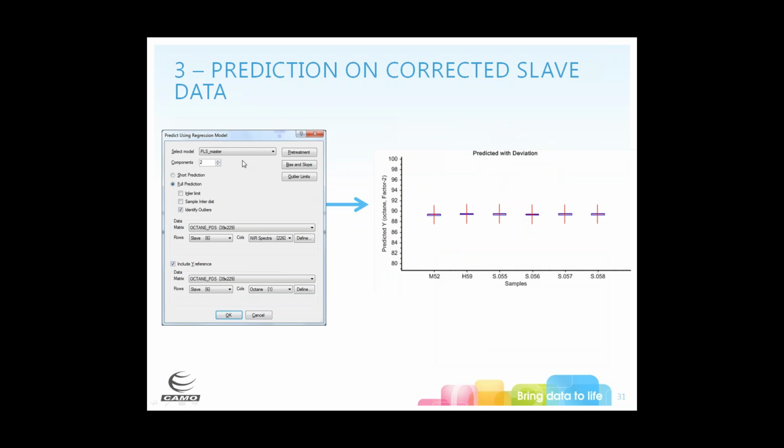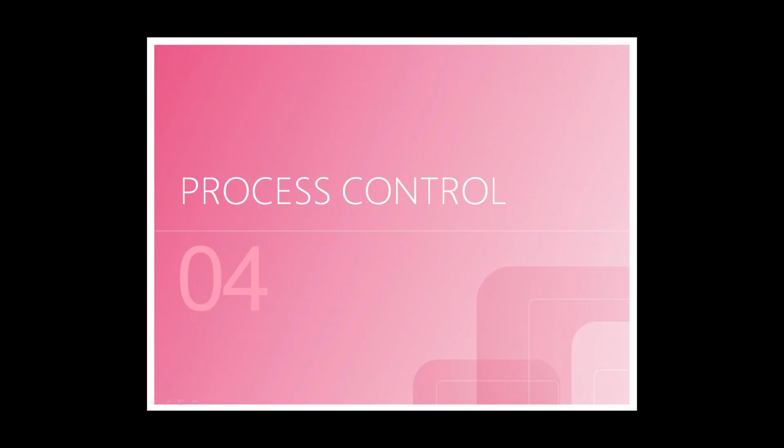So in Unscrambler, what you do is that you select a PLS model, which is based on the master instrument. You input the slave data, which has already been transformed in the previous step, in step 1. And that means that even though it's slave data, it has been transformed to look as if it was collected on the master instrument, and you can apply the model, and the prediction will be good.